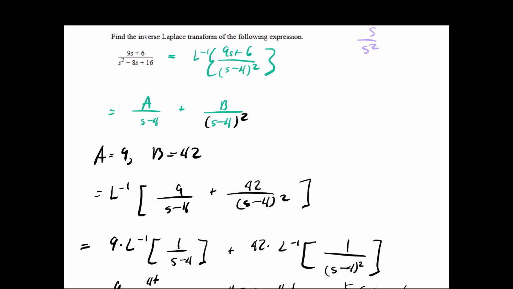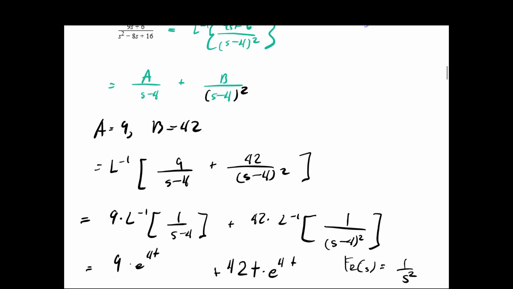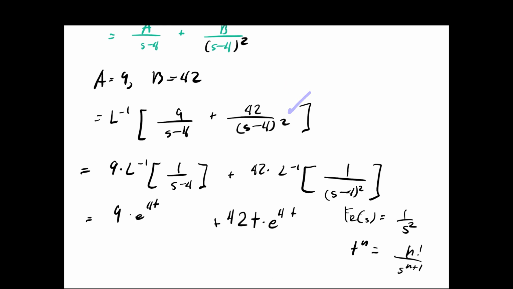Okay, so we're moving on now to the fourth question. In the fourth question, we see something nice in the denominator, something that'll get us a non-distinct real root, non-distinct being that it's just repeated. So we do our partial fraction decomposition. We get our A values, as we always do, and then we take the transform of our new decomposition fractions, so to say.